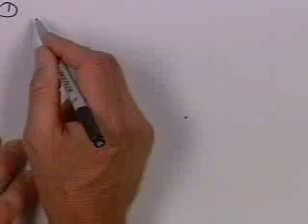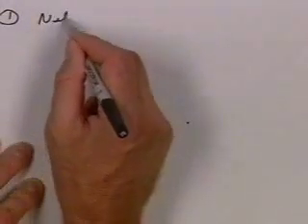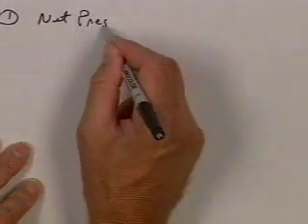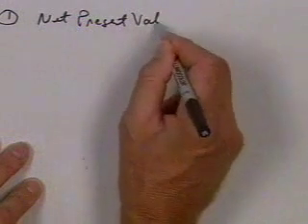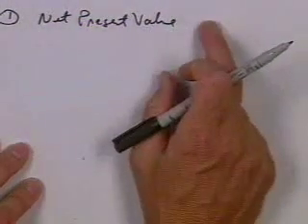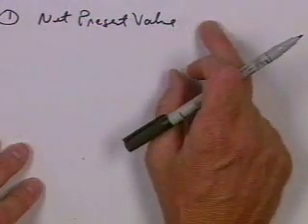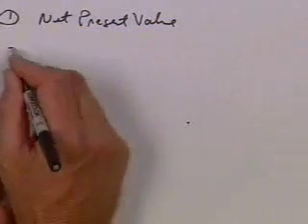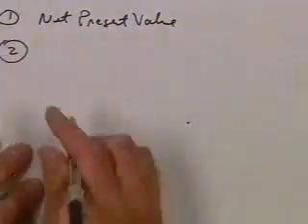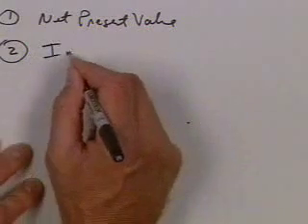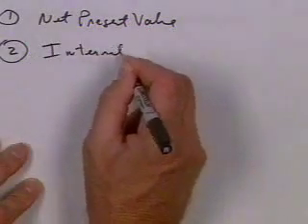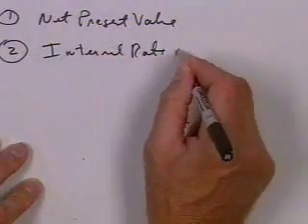Now, in general, there are two ways to evaluate projects. One way is to calculate what's called the net present value, which we are not going to do in this case, but which you will see in future examples. The second way, which we will do, is to calculate what's called the internal rate of return.